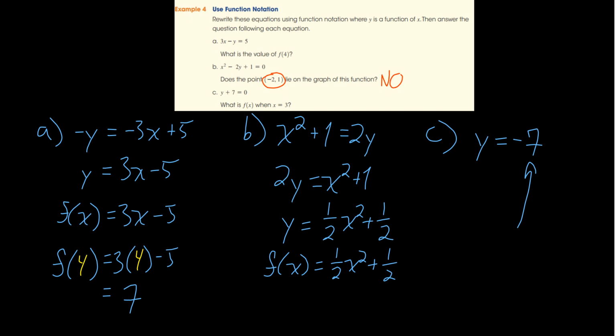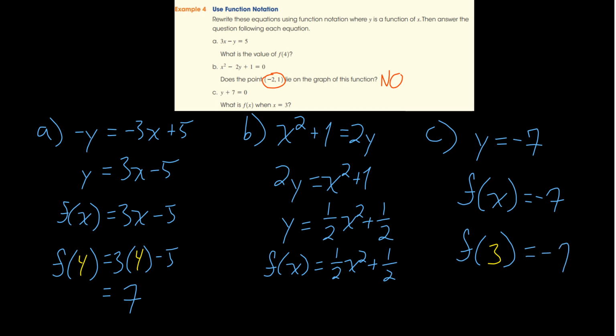I forgot to write this in function notation: f of x is equal to negative 7. So if I plugged in 3, f of 3, I'm plugging in that 3 everywhere I see an x in this equation, which is literally nowhere. So f of 3 is just negative 7. And that's it for that one.